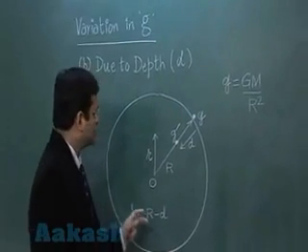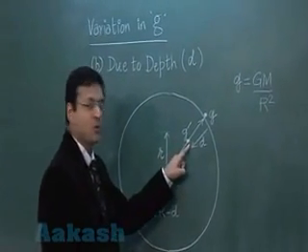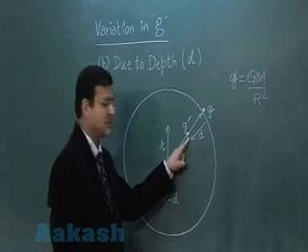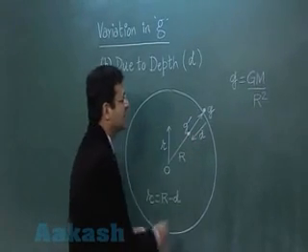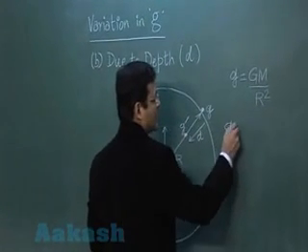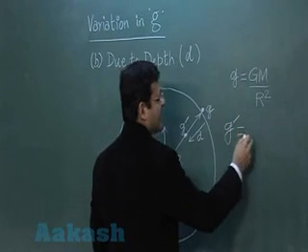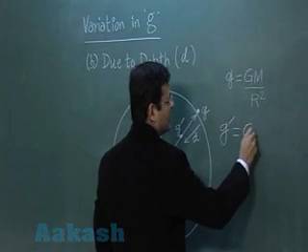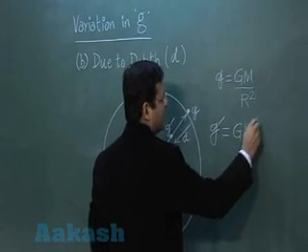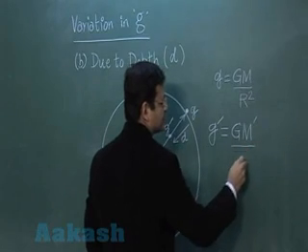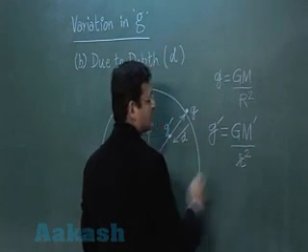Now, as far as the acceleration due to gravity g dash at a depth d is concerned, you should write g dash as G into M dash upon small r square.